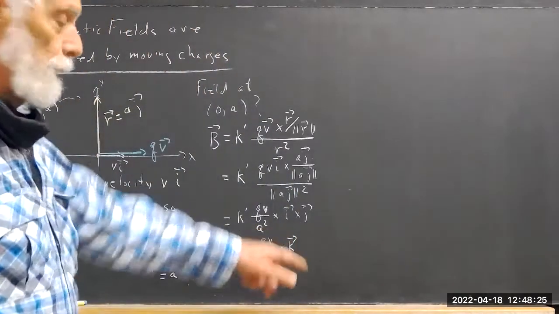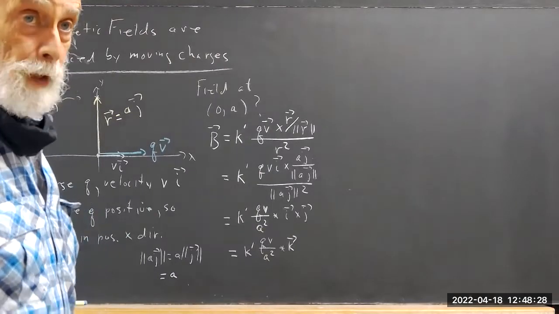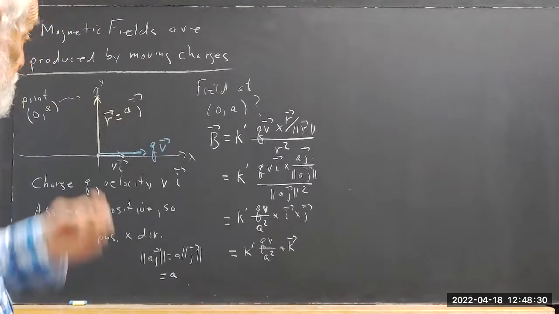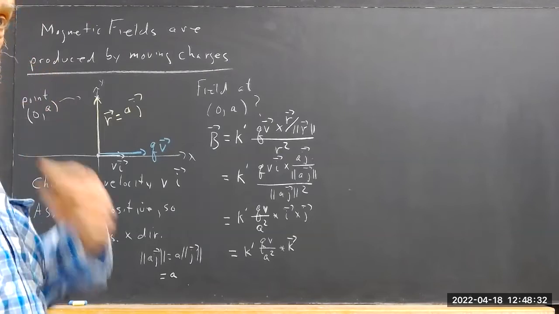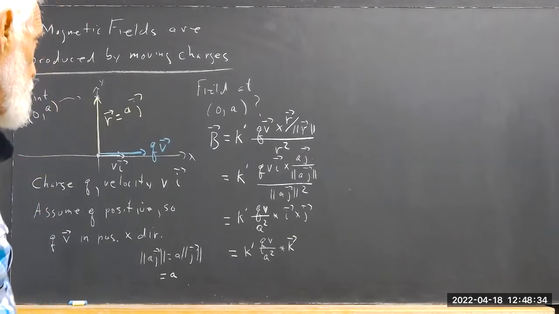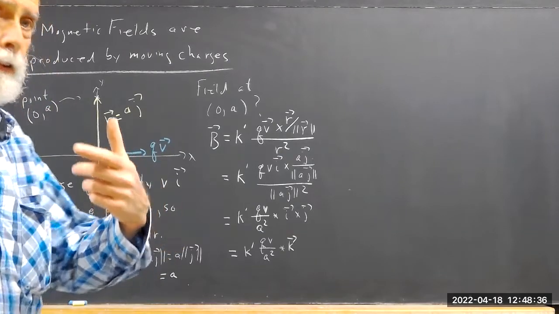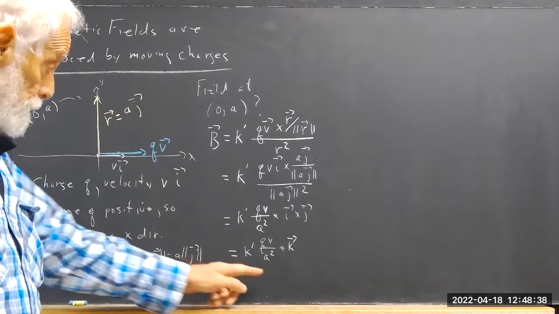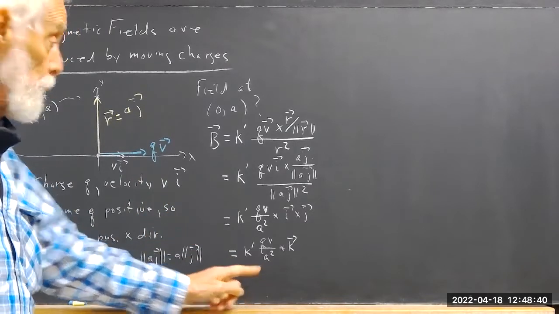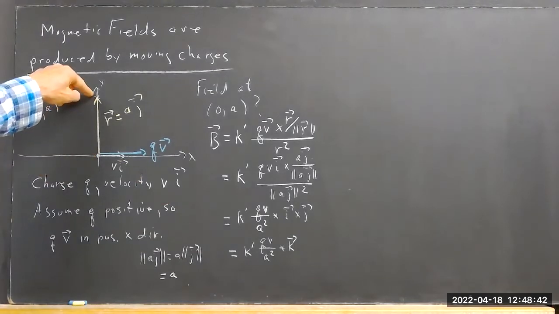Now, K prime has nothing to do with the k vector. K prime is just a constant. Notice that this is an inverse square with the distance from here to here.